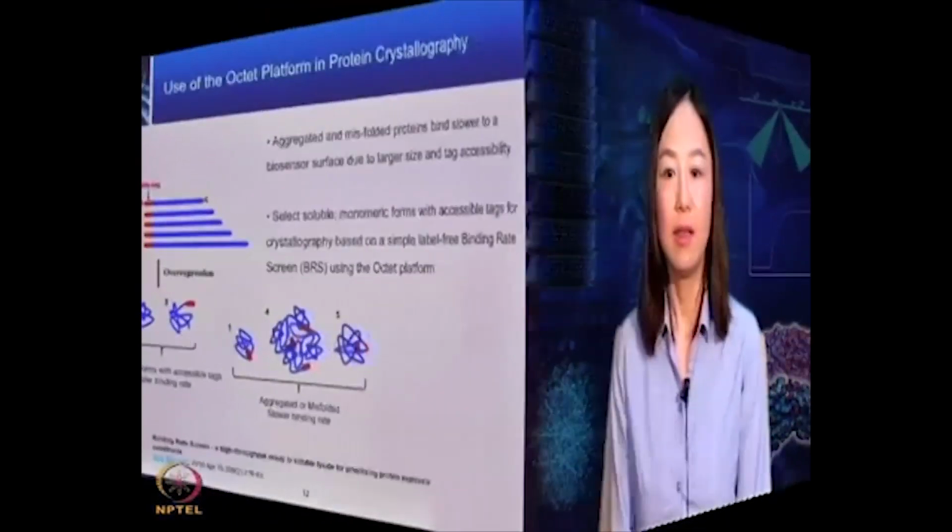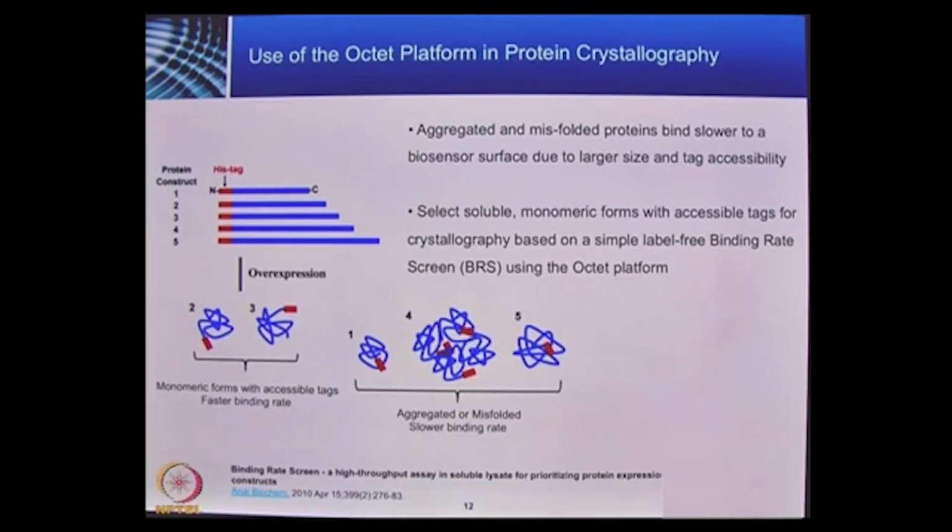On the other hand, if the protein is not folded correctly, the tag will be buried inside the protein complex, and as a result, the misfolded protein are not able to bind to the biosensor with anti-his antibody coated on it. Also, the misfolded protein tends to form aggregates.